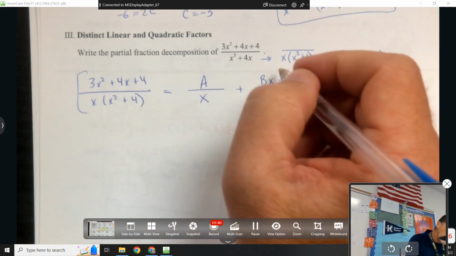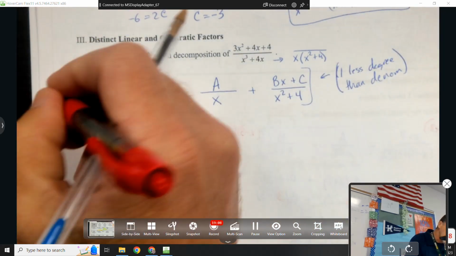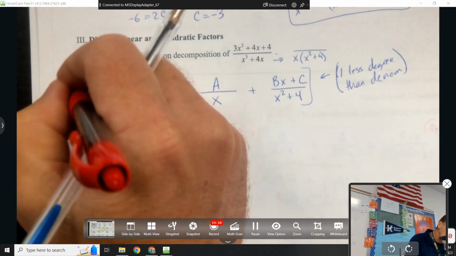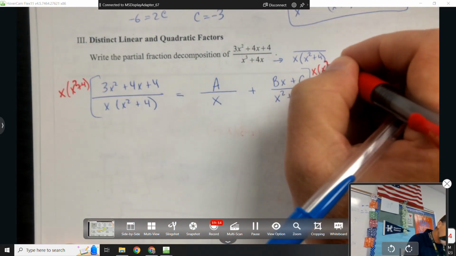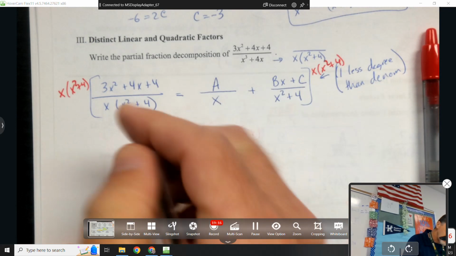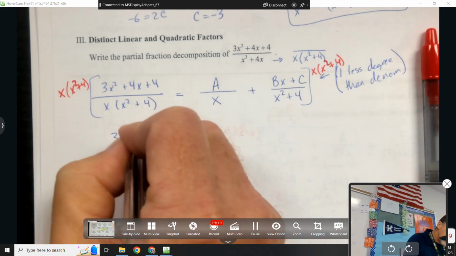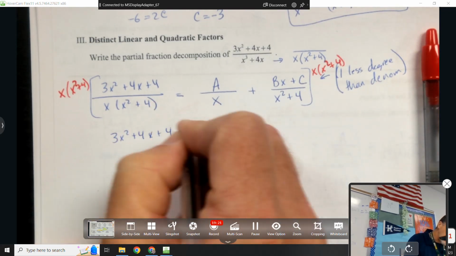All right. So from here, it's kind of the same as all the previous ones. Multiply by the common denominator on both sides. So we shouldn't have any denominators left.